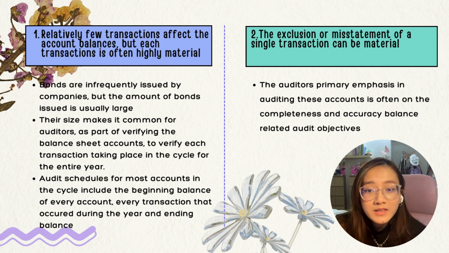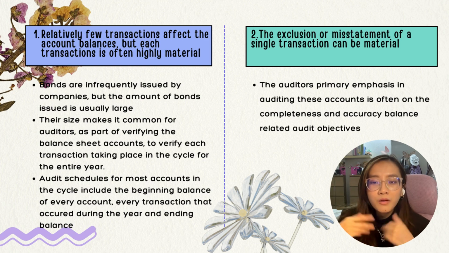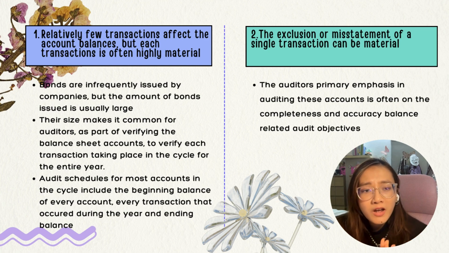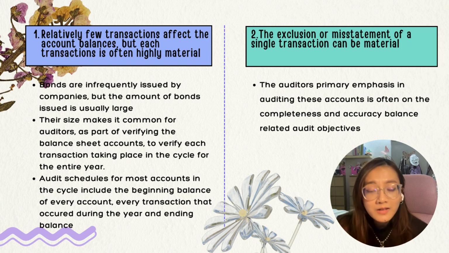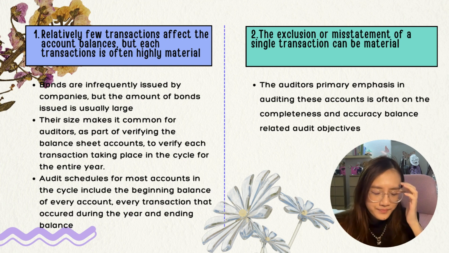So, the auditor's primary emphasis in auditing these accounts is often the completeness and accuracy balance-related audit objectives. What does this mean? Auditors focus mainly on ensuring that all transactions are recorded, hence completeness, and that the recorded transactions are accurate, hence accuracy.